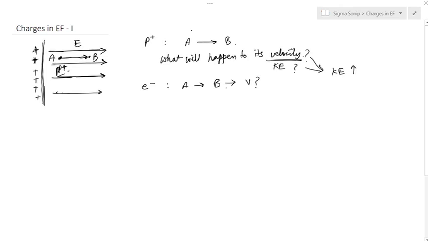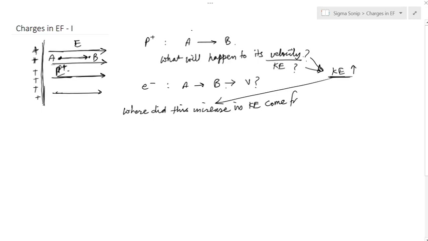So now the question arises: proton's kinetic energy has increased. Where has that increase in K come from? Energy can neither be created nor be destroyed.